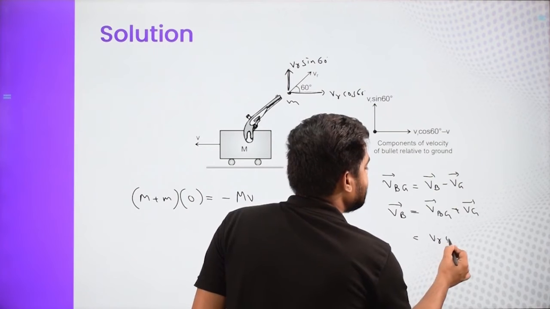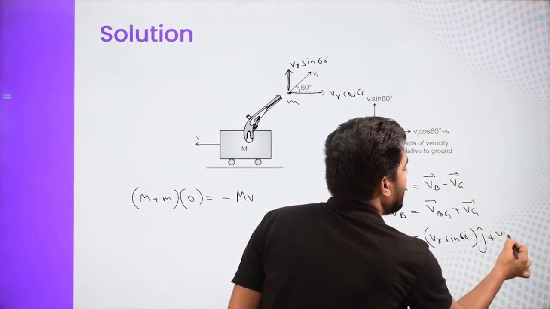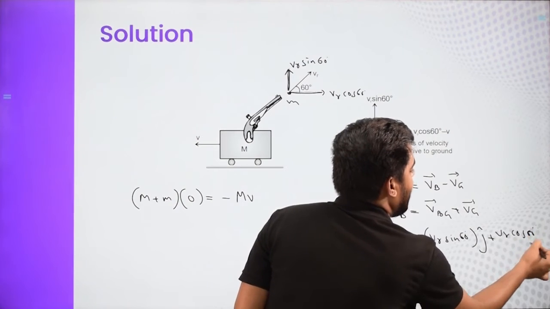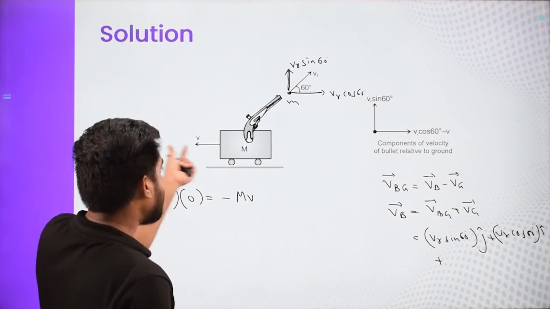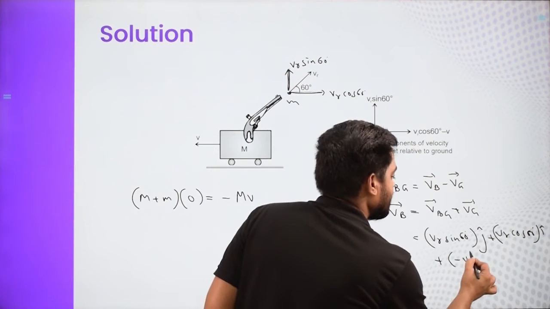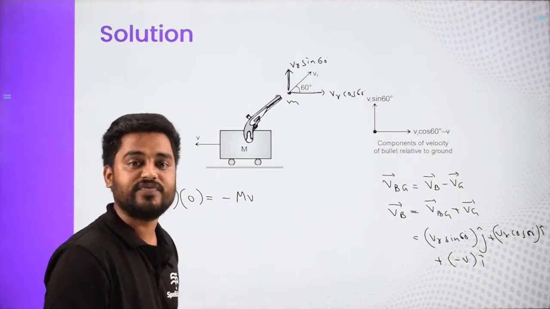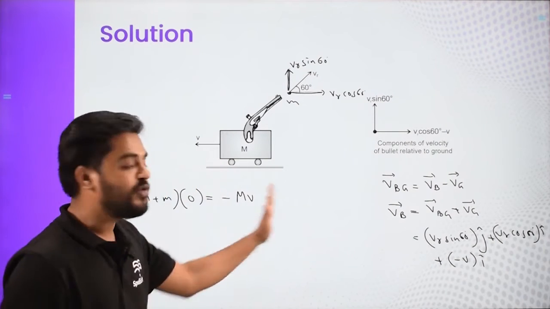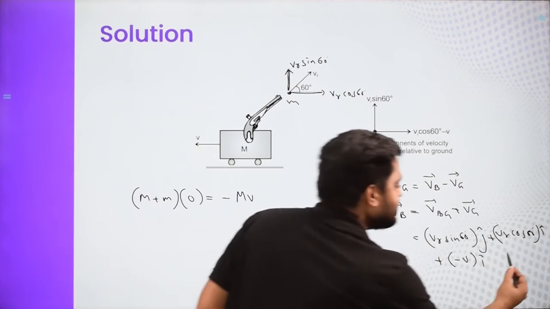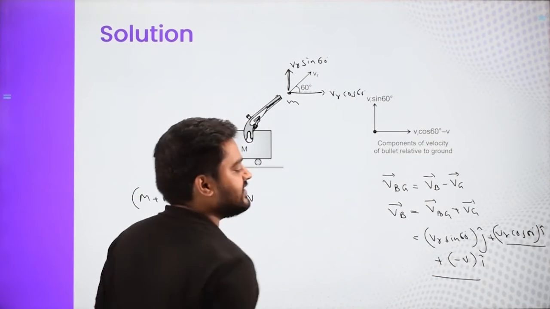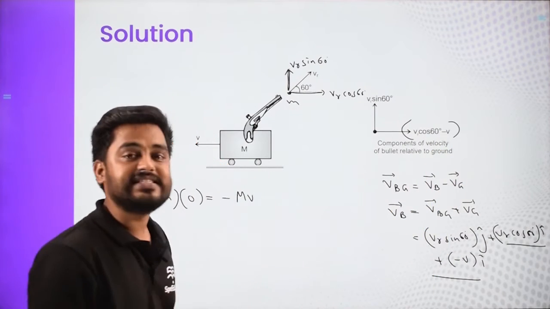VR sin 60 in the j cap plus VR cos 60 in the i cap, plus the velocity of the gun, which is minus v i cap. If we just talk about horizontal velocity, because we have to conserve the momentum along the x-axis, then this is the velocity VR cos 60 minus v. So this is the horizontal velocity of the bullet once it is fired.